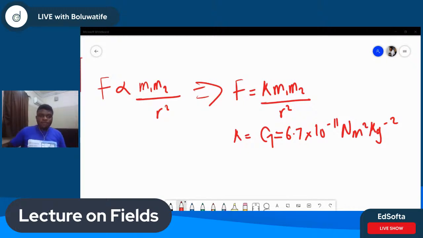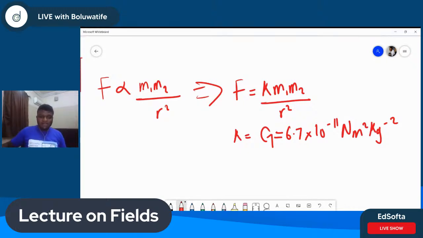You have two bodies here. So this is the earth and this is you. Now, to calculate the force, the force acting between the both of you is what we would know as gravity pulling you towards the earth, right?